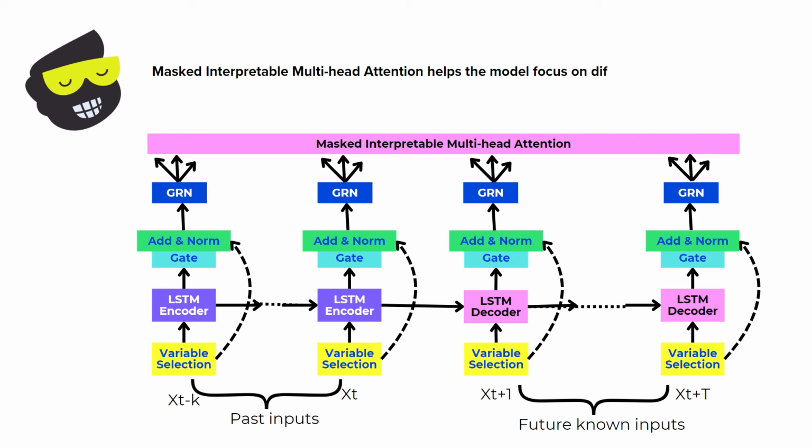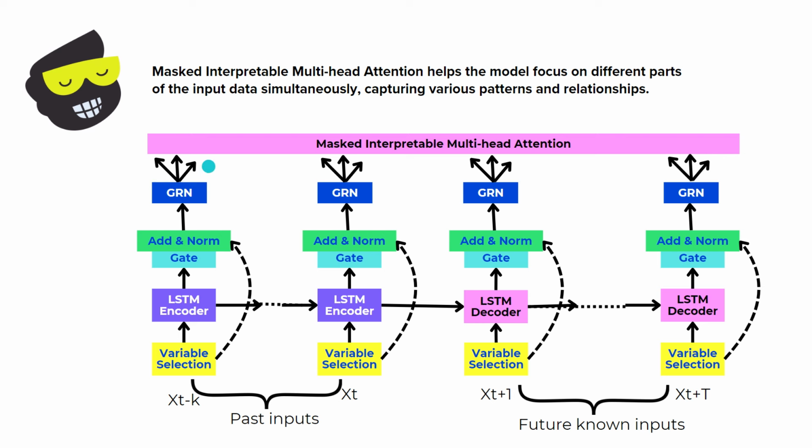The masked interpretable multi-head attention, this is a mouthful, is an advanced mechanism that helps the model focus on different parts of the input data simultaneously. It uses multiple heads to look at different parts of the data, allowing it to capture various patterns and relationships within the data. So this multi-head is then flagged with the multi-arrows here.